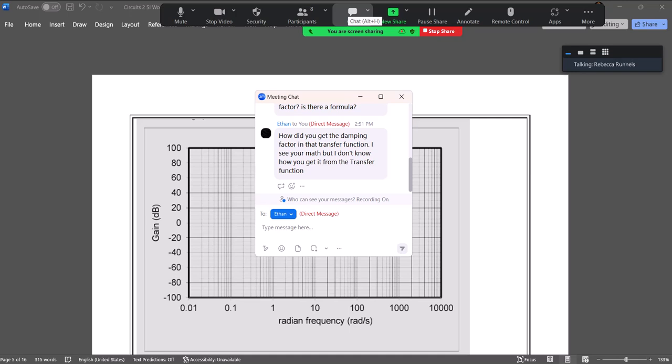How did you get the damping factor in your transfer function? I see your math, but I don't know how you get it from the transfer function. Okay. How did I do it? I did just explain that. If you didn't catch it, I'm happy to explain it again, but just in case the question came from before I explained it. Oh, really? Okay.